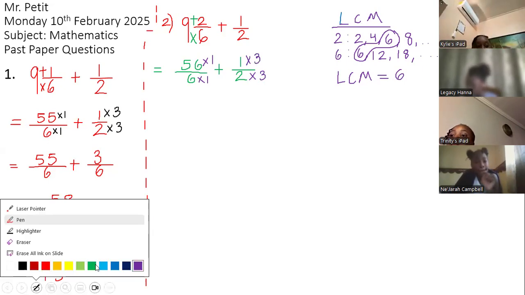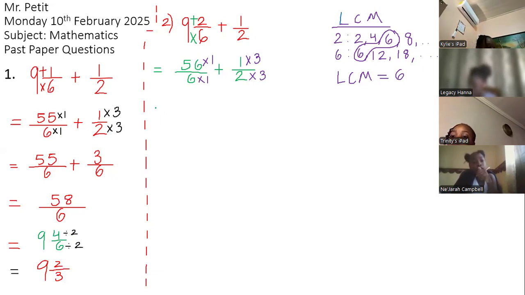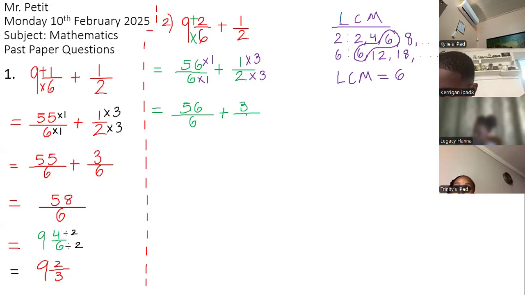That's going to be equal to 56 times 1, which is 56, and the 6 stays the same. 6 times 1 is 6 plus 1 times 3, which is 3, all over 2 times 3, which is 6. Very good.